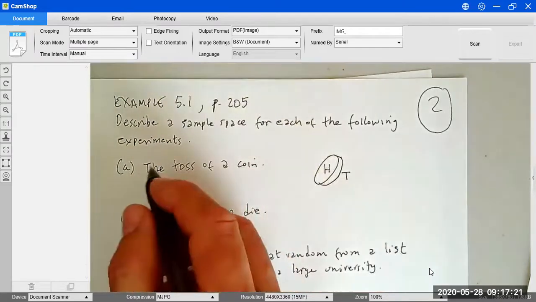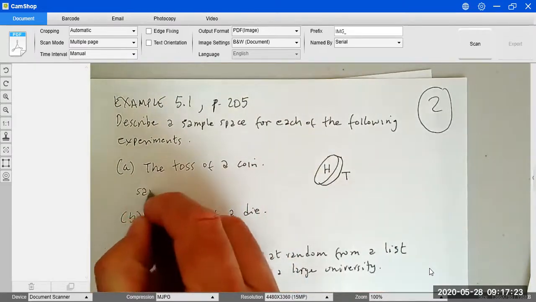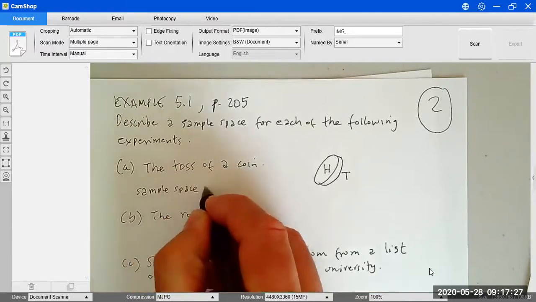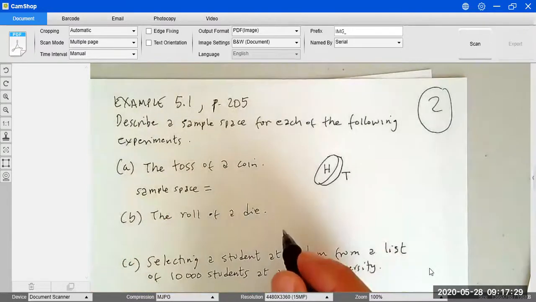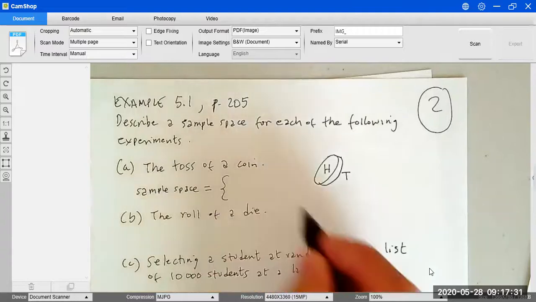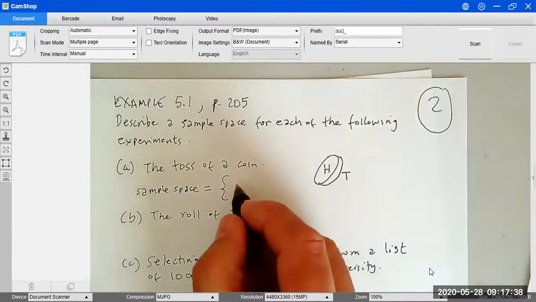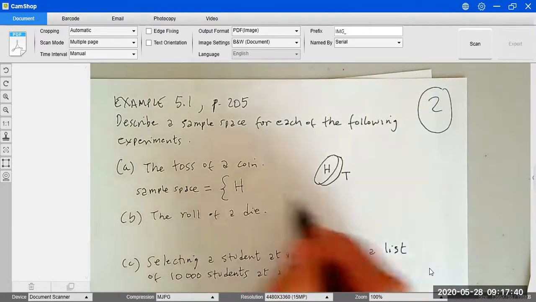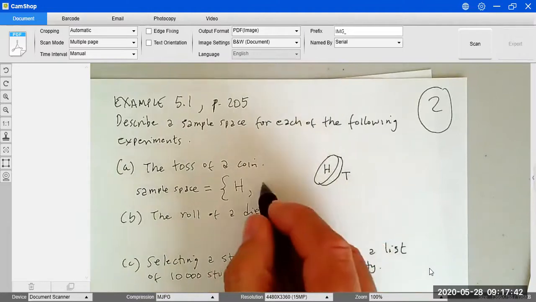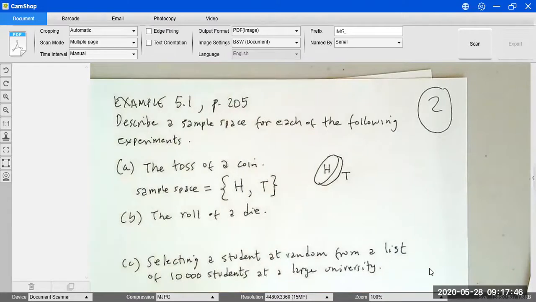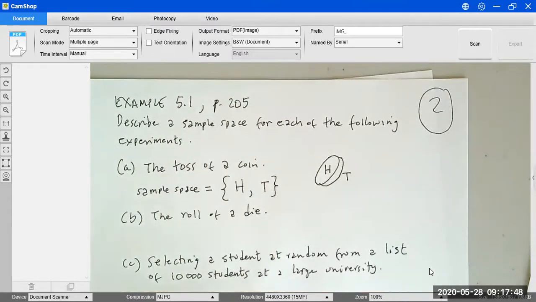For the sample space, we can denote it with any name, but we're going to use curly braces to enumerate the possible outcomes. One outcome is getting heads, and the other outcome is getting tails. So there are only two outcomes for this sample space, no more.